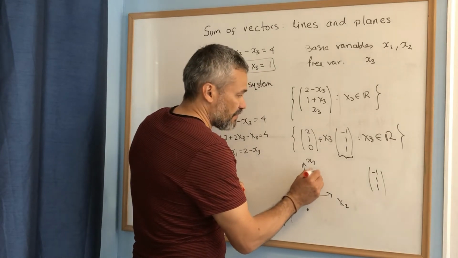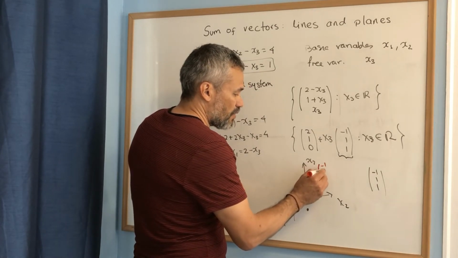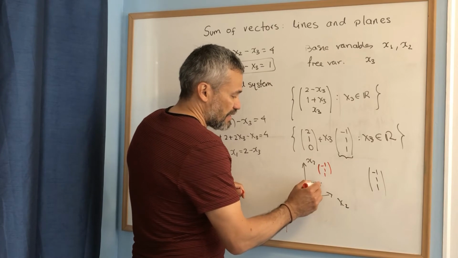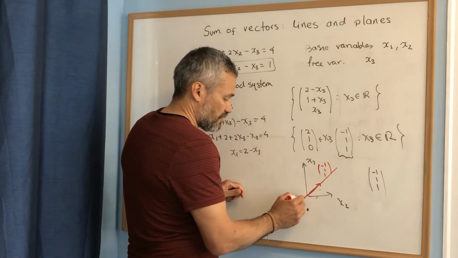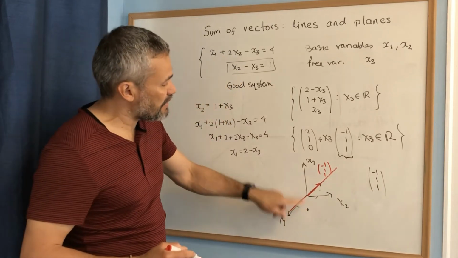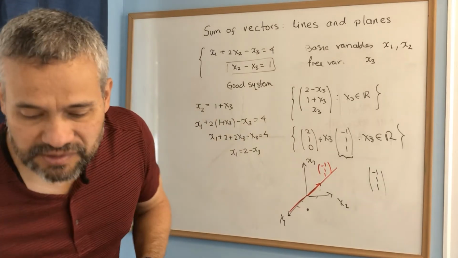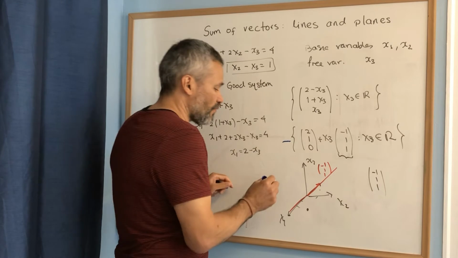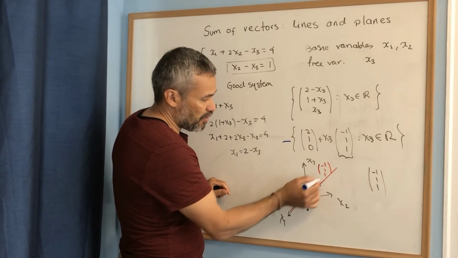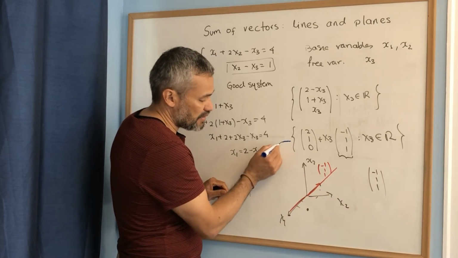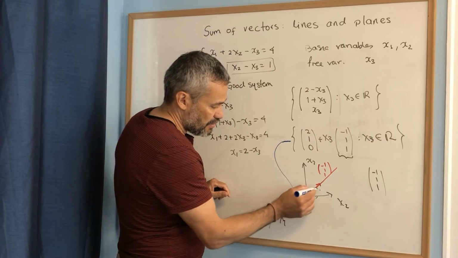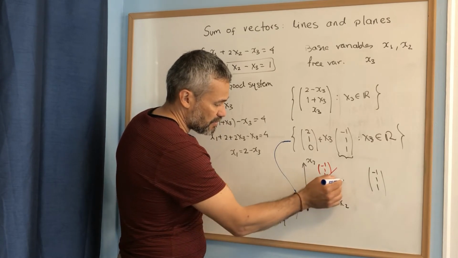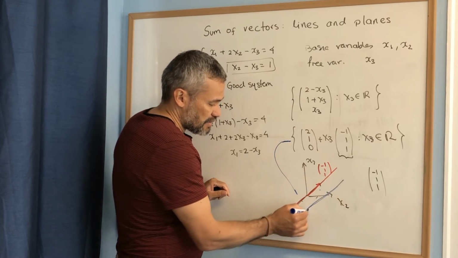This is the vector negative 1, 1, 1, and this is the line that is parallel to that vector. And this line that we are considering, let's draw this in blue, is the line that goes through this point and is parallel to this vector. Then this is the line.